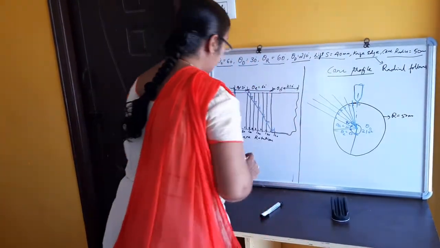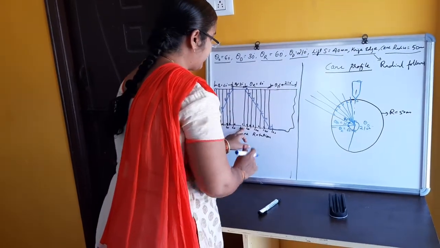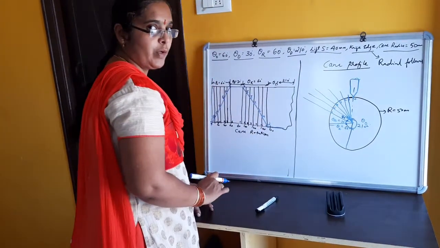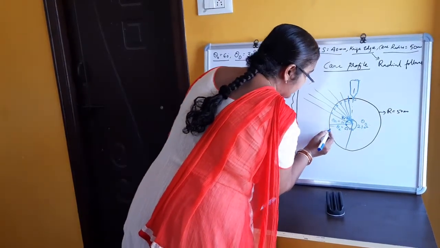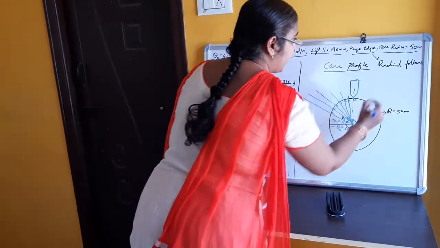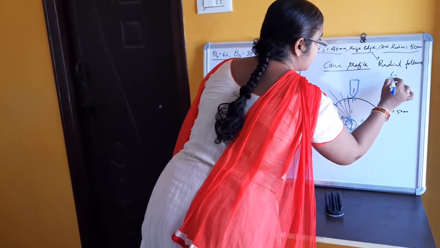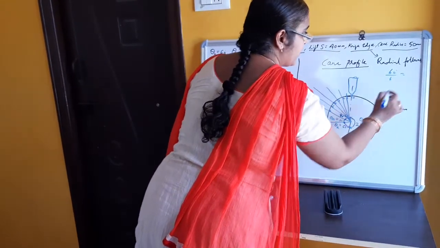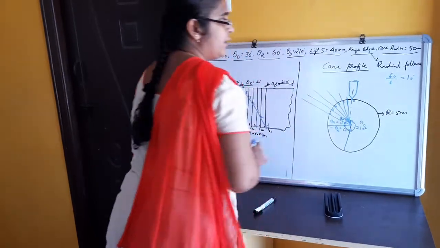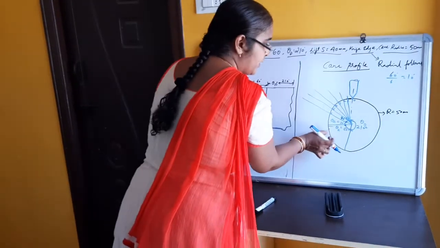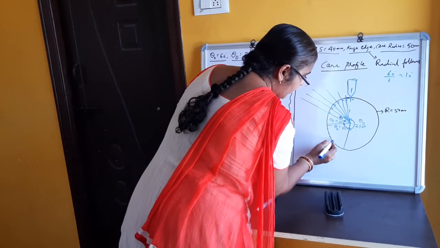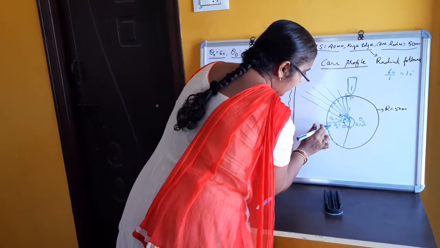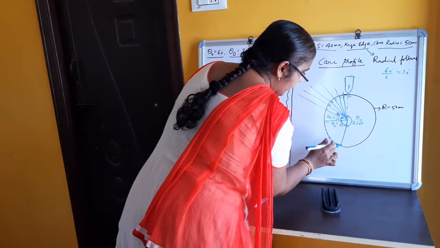Now, similarly, here also you have divided this return stroke into 6 equal parts. Here also again you divide this 60 degree into 6 equal parts. 60 by 10, 60 you are supposed to divide into 6 equal parts. So for every 10 degree you are supposed to keep a point. 1, 2, 3, 4, 5, 6.